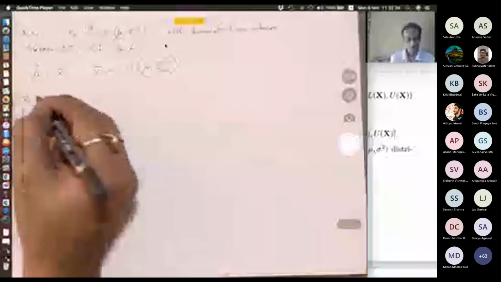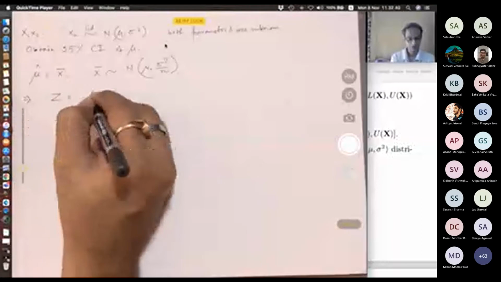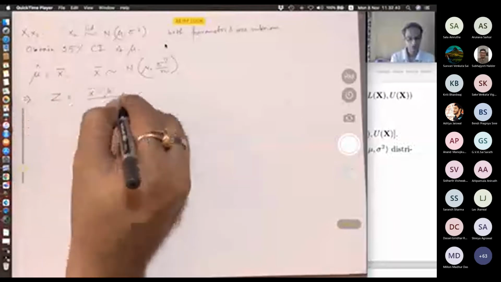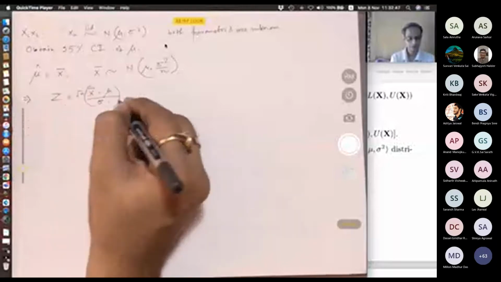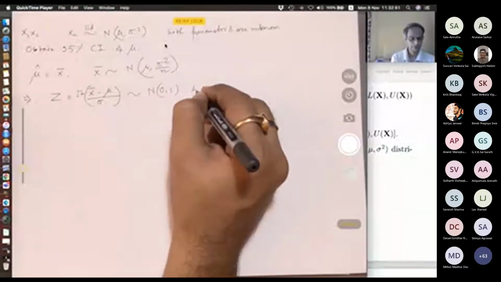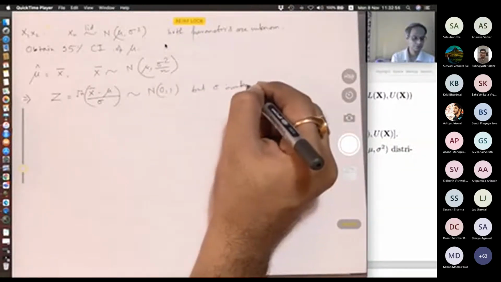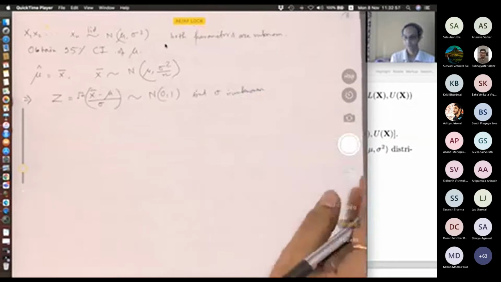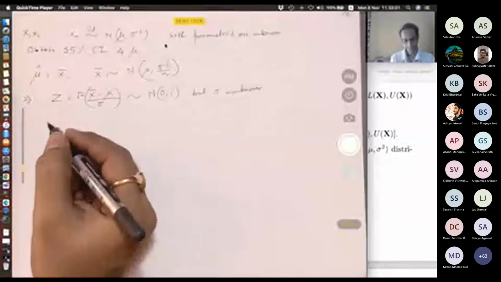Then you do the standardization: Z equals x bar minus mu by sigma by root n, that follows normal(0, 1). But sigma is unknown. Then you have to estimate sigma.